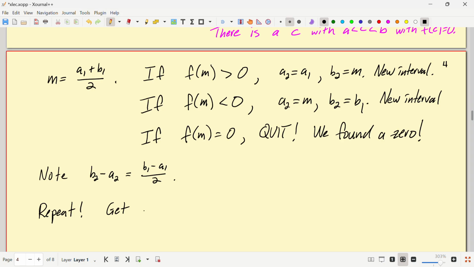So I get a nested sequence of closed intervals.